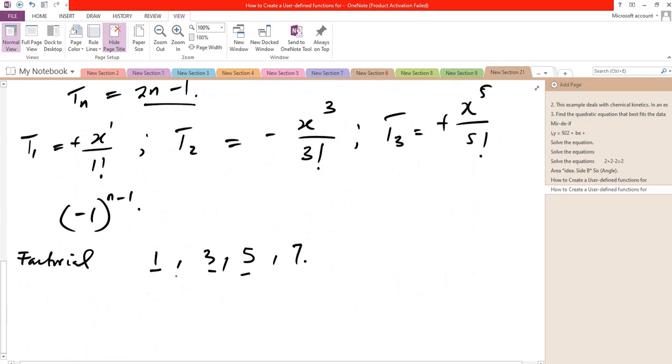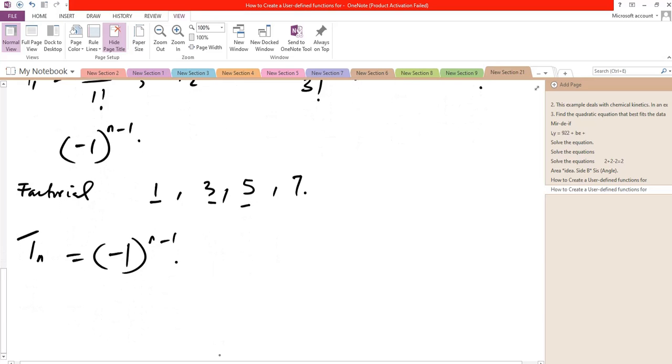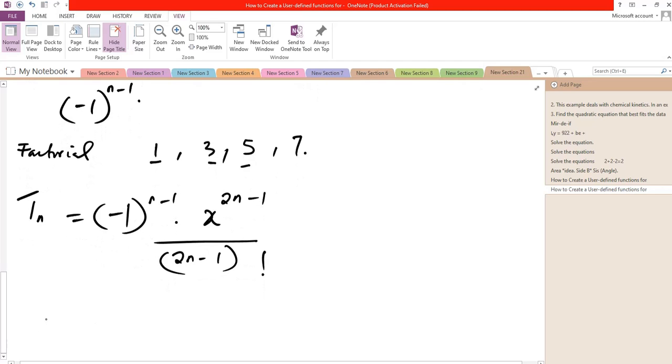So this now implies that t subscript n will now be -1 raised to power n minus 1 times x raised to power 2n minus 1 all over 2n minus 1 factorial. So this is the nth term.